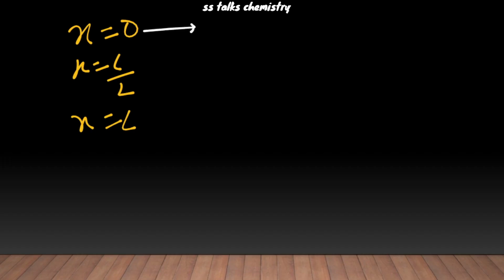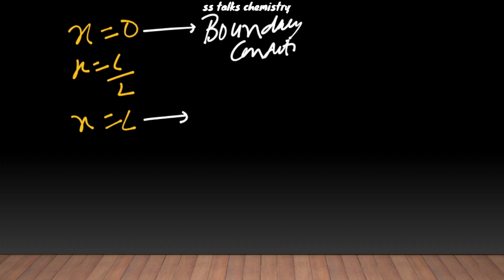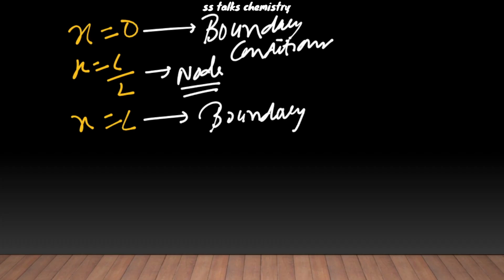Here x is 0 and x is L, these both are boundary conditions, so these are not counted as nodes. Only x = L/2 is the position of the node, so the number of nodes will be 1 only.